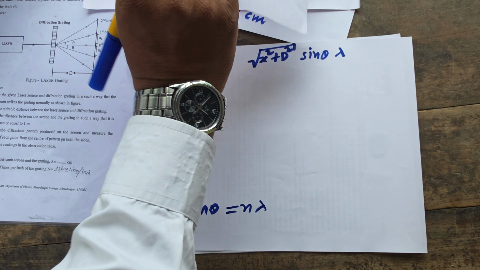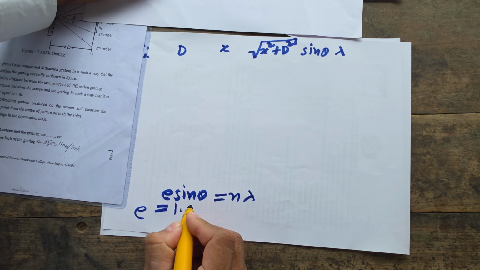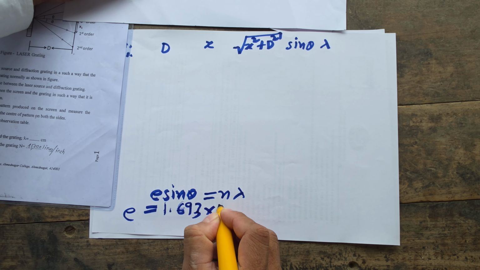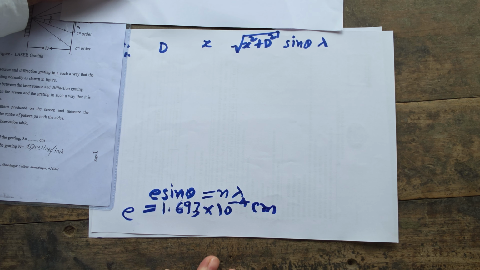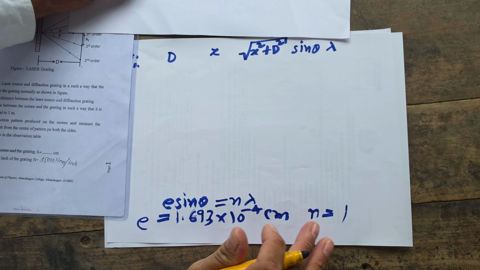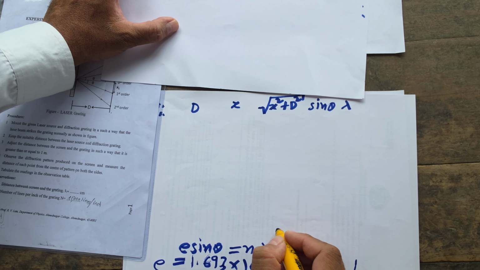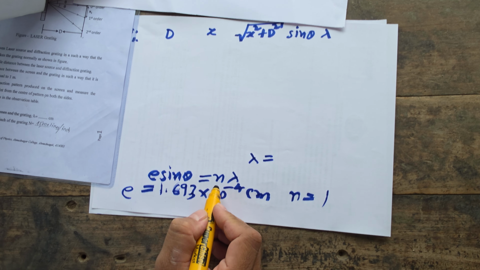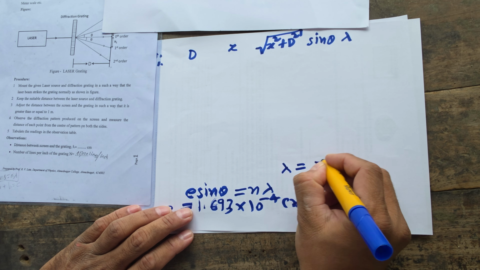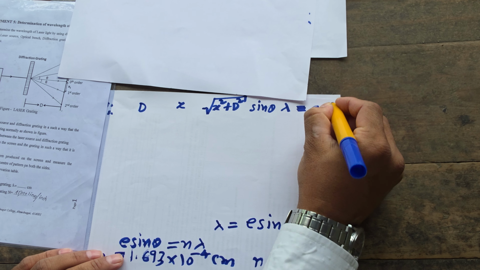The small e is 1.693 into 10 raised to power minus 4 centimeter, and N is equal to 1 because we are only considering our first order diffraction here. Therefore from this formula, since N is 1, lambda will be equal to small e into sine of theta.